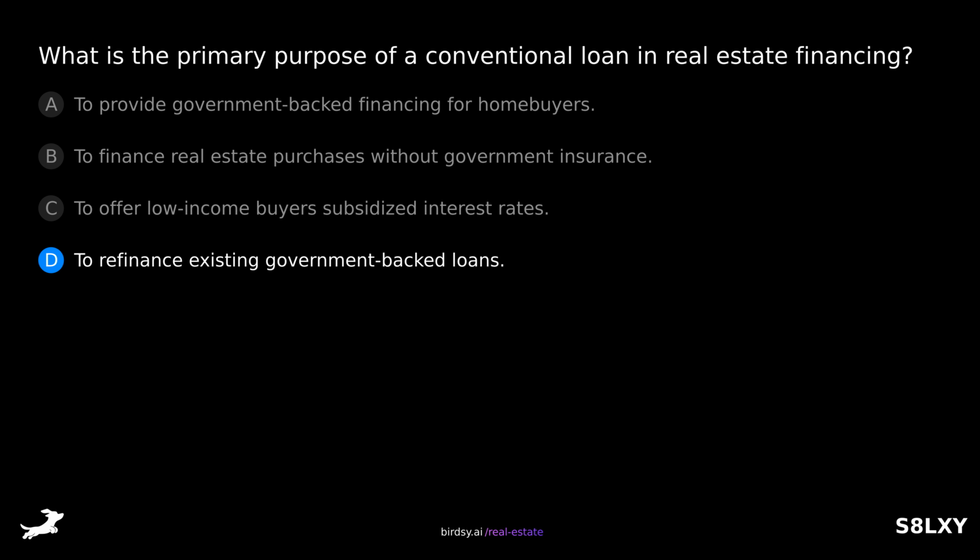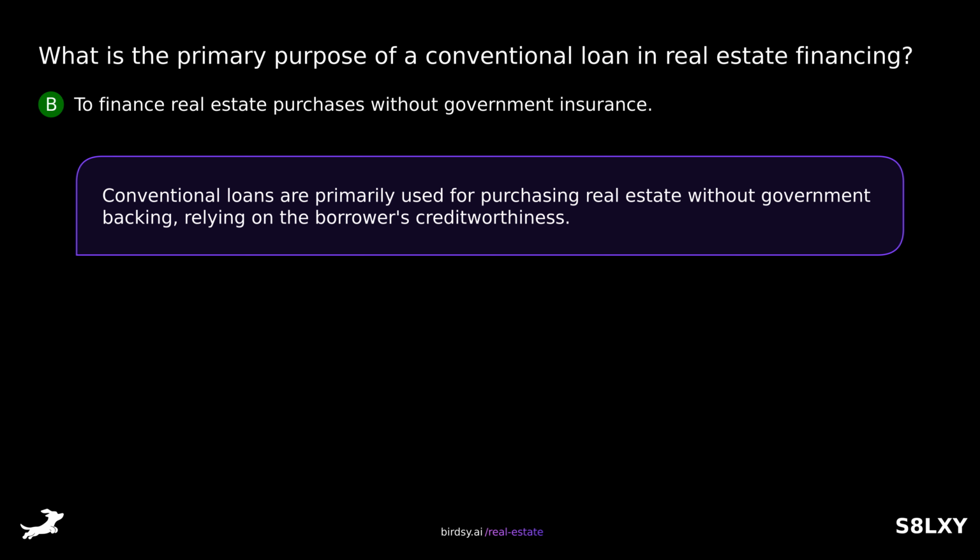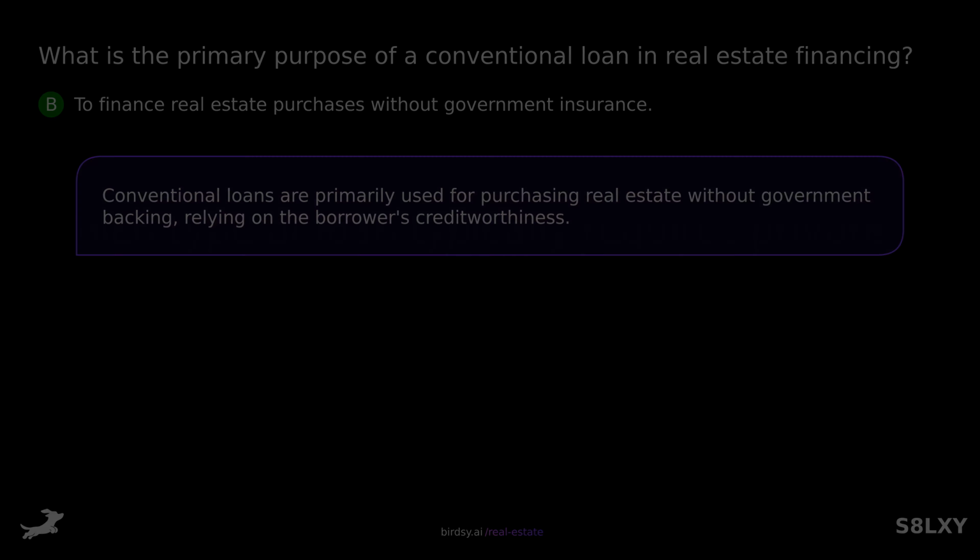Or D, to refinance existing government-backed loans? The answer is B, to finance real estate purchases without government insurance. Conventional loans are primarily used for purchasing real estate without government backing, relying on the borrower's creditworthiness.